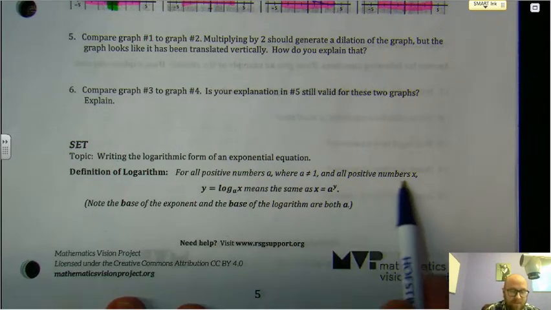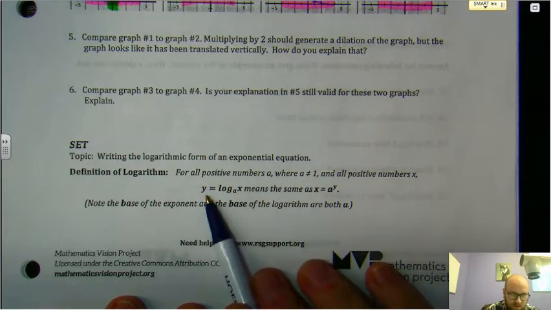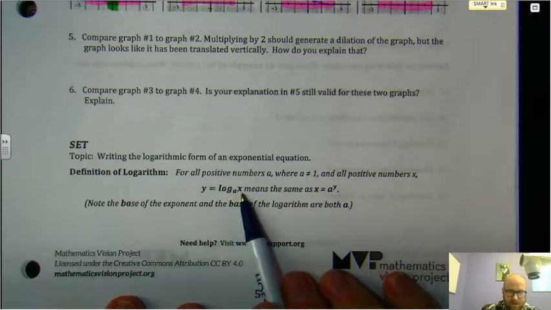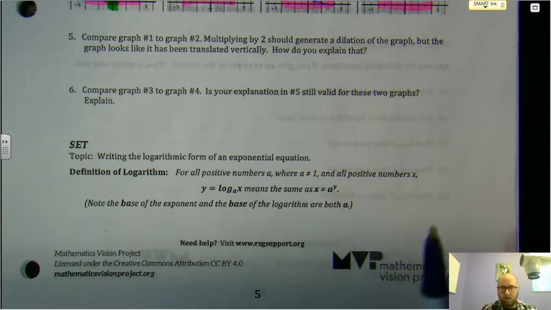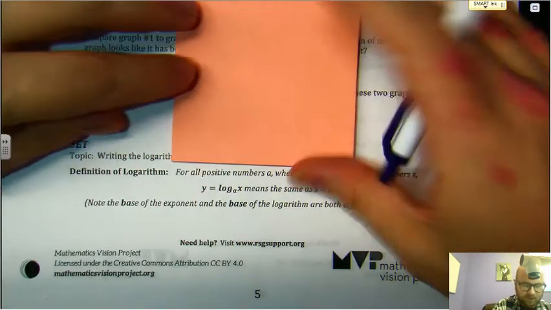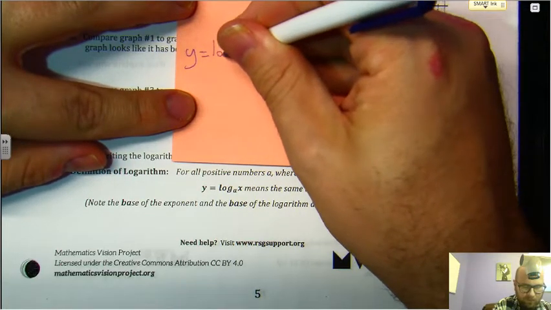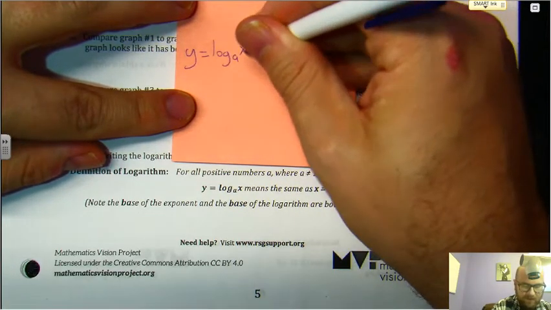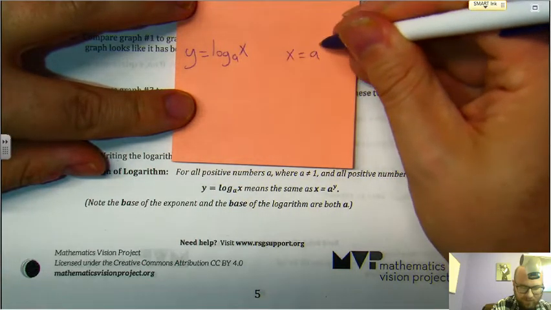And all positive numbers x, where x is the outcome, we know that y equals log base a of x means the same as x equals a to the y power. So let me write this out just so that we can really see how this works. So if y equals log a of x, that's the same thing as x equals a to the y power.